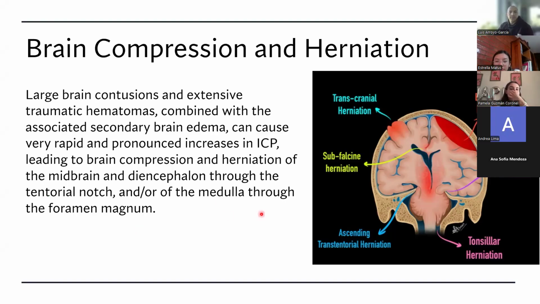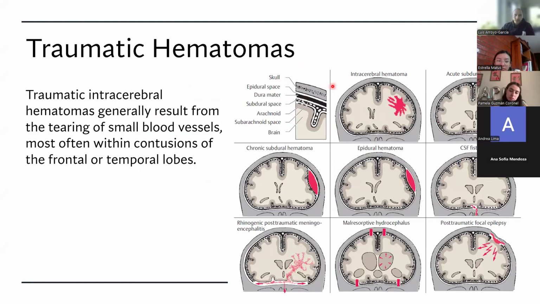Okay. So there are different things, and the problem with this is basically the different subtypes of hematomas that we can have in the brain. That's what I was showing you before. These hematomas come because you are tearing small blood vessels, or big vessels also in the brain, and then you can have it inside the brain.